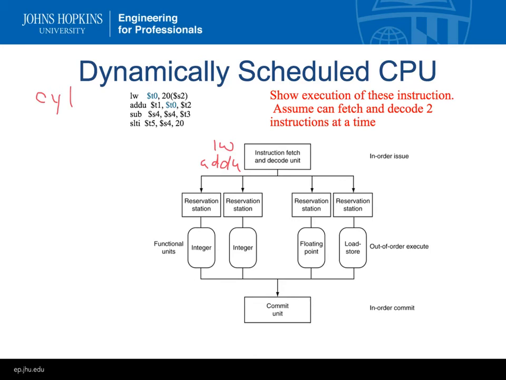And in cycle 2, the load word and addu are going to be decoded and then sent to reservation station. So we'll send the load word here and the addu here. And then we'll also fetch the sub and the SLT.